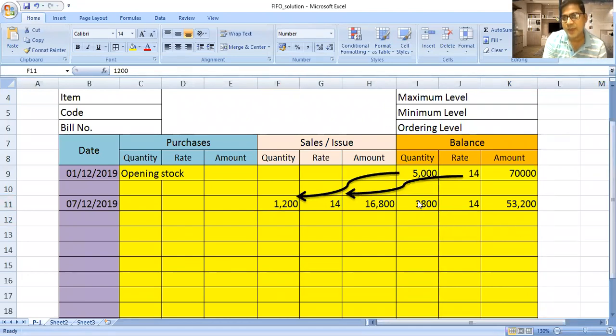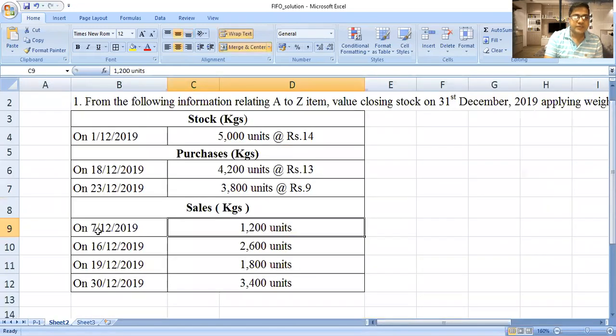Now we have a balance in stock of 3,800 units at the rate of 14 rupees per unit, and their value is 53,200. Now friends, after 7th December, the next date is 16 December, when again they sold 2,600 units.